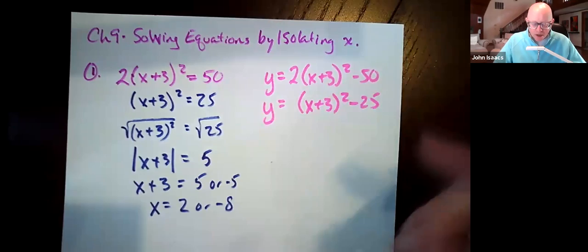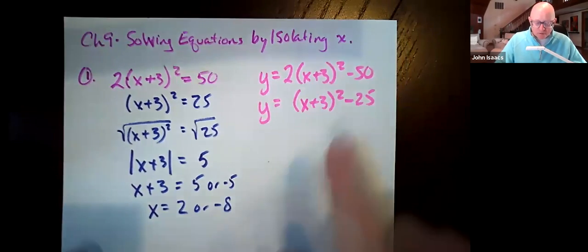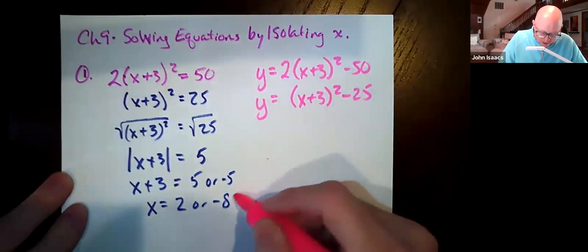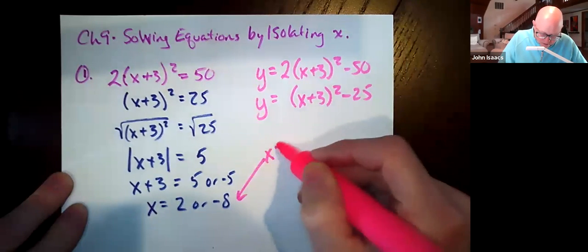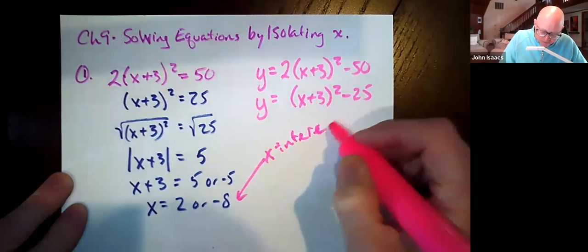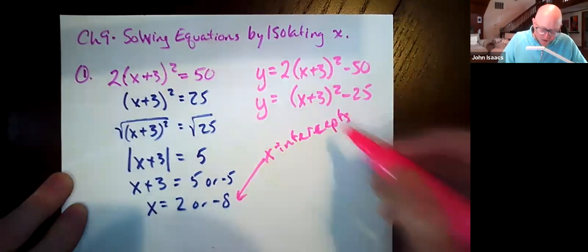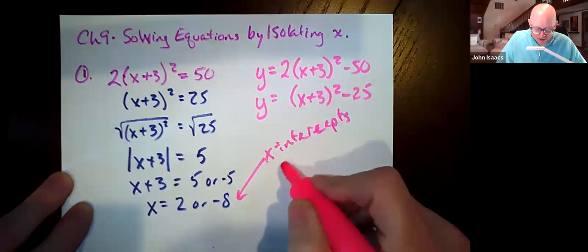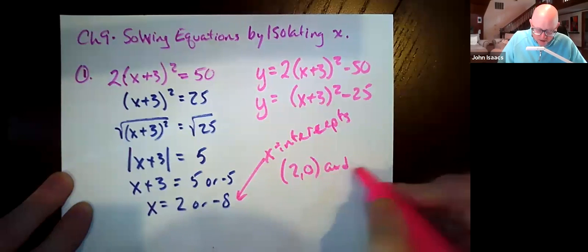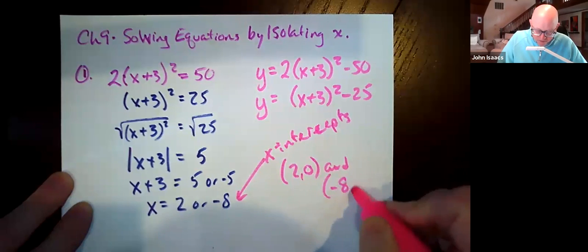All right, but both of these parabolas have x-intercepts equal to our solving of the equation. So they have x-intercepts of 2, 0 and negative 8, 0.